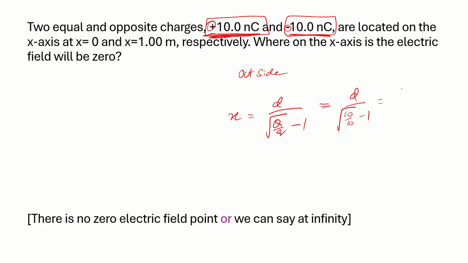So d means 1 meter over the square root of 1, which is 1, and 1 minus 1 becomes 0. If you use the calculator, it will give you an error. So simply x equals infinity, which means there is no zero electric field point for this case.